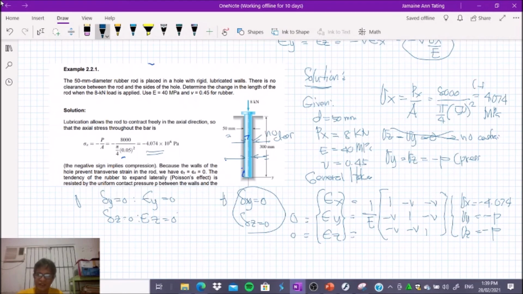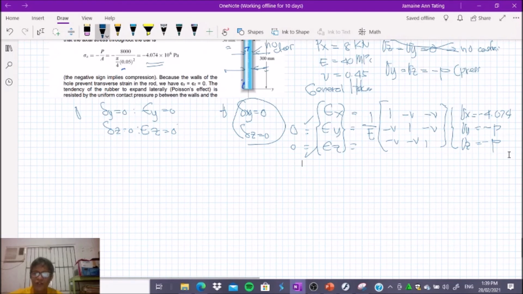You will see here that the equation for these two will be the same. If that is the same and we have a given V value, we can solve for P here by using either of the two.